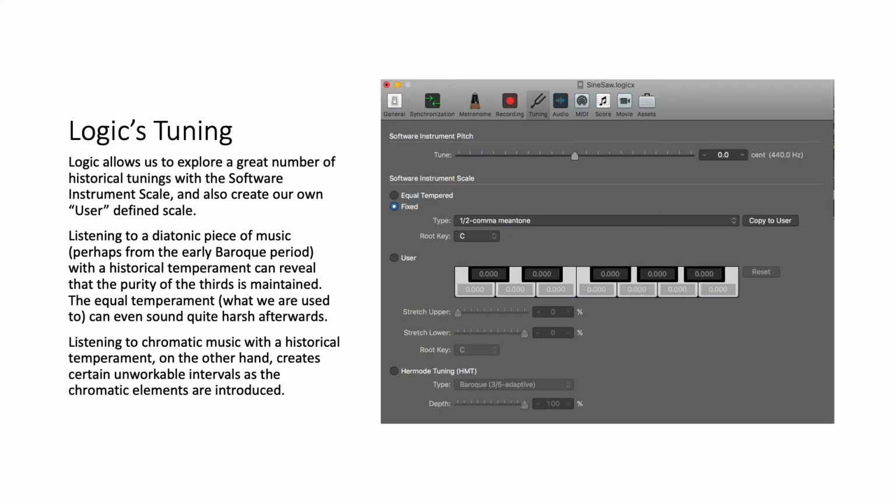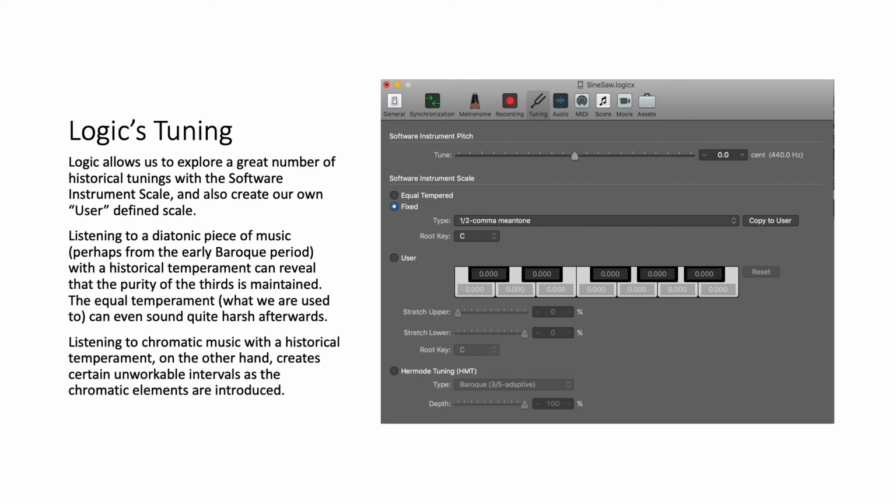Logic has a very powerful tool for exploring different temperament systems. We can change the temperament of the software instruments to various forms. And what is particularly interesting is to listen to two examples of music. Let's say a diatonic piece of music, perhaps from the early Baroque period, and then alternatively a piece with chromatic harmony.